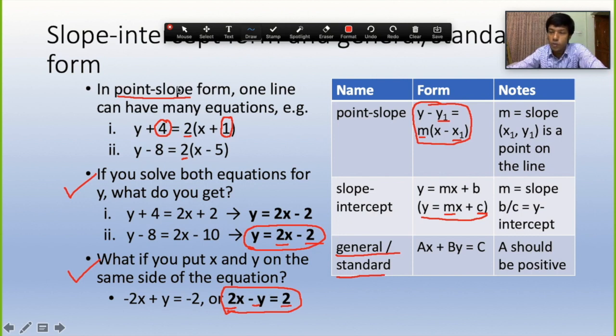Point slope form, why is it important then? It is important because most of the time when we start solving maths, we start from here. We need to start this way, because in most cases a point or slope is given, or 2 points are given, somewhat related to this. So when we start the math, this part here is very useful, and when we finish the math, then this form or this form comes.